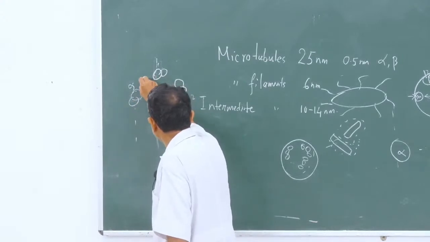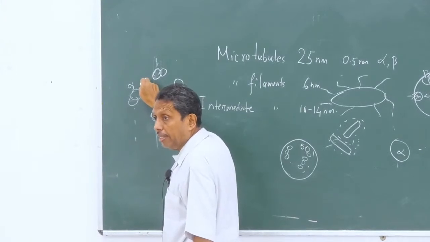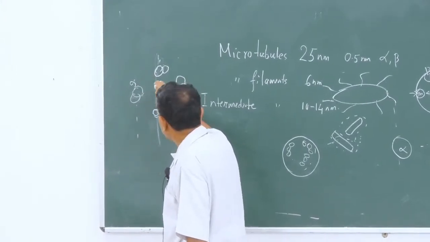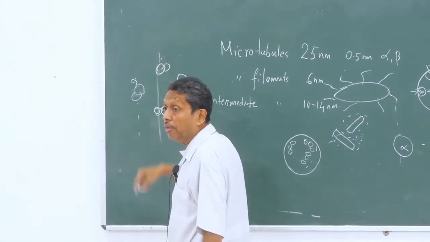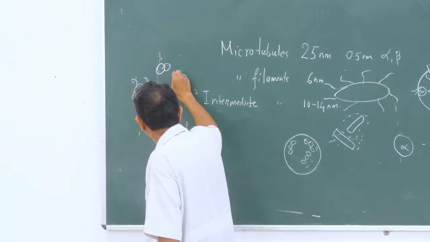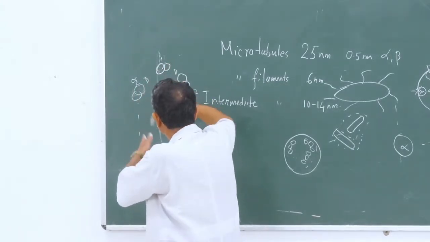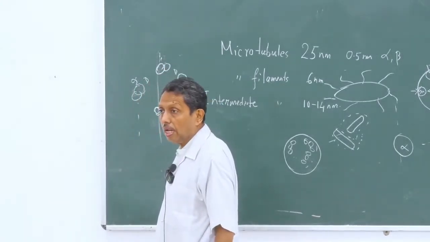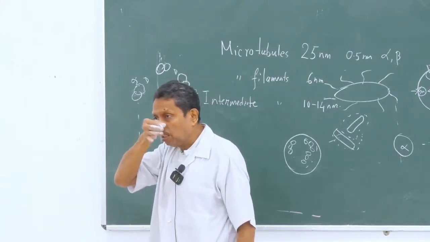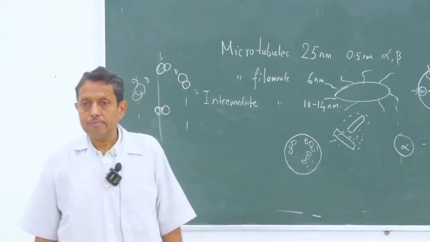And there are dyneins present in between, and they have their relative movement. Dynein has its effect, so that there is some movement. This movement is so organized that there is a regular beat on one side.